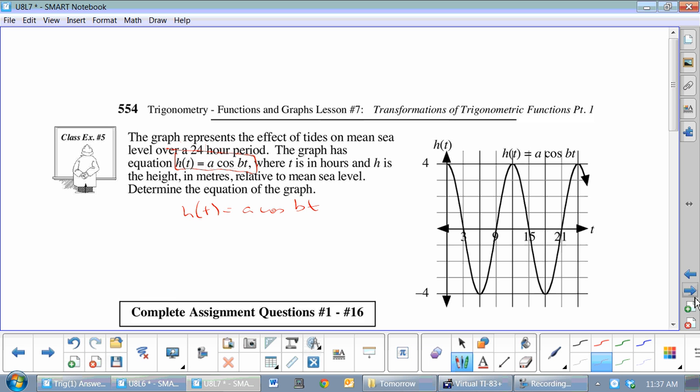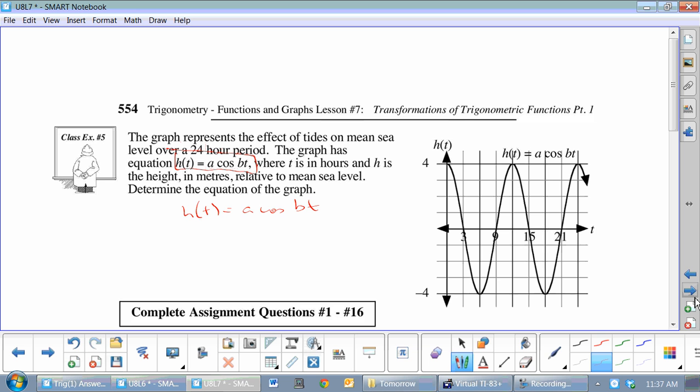A, amplitude. I want amplitude to be high enough that my ship can come in and not hit the shore. Okay? So, now time is what time I would be coming in to get that height.